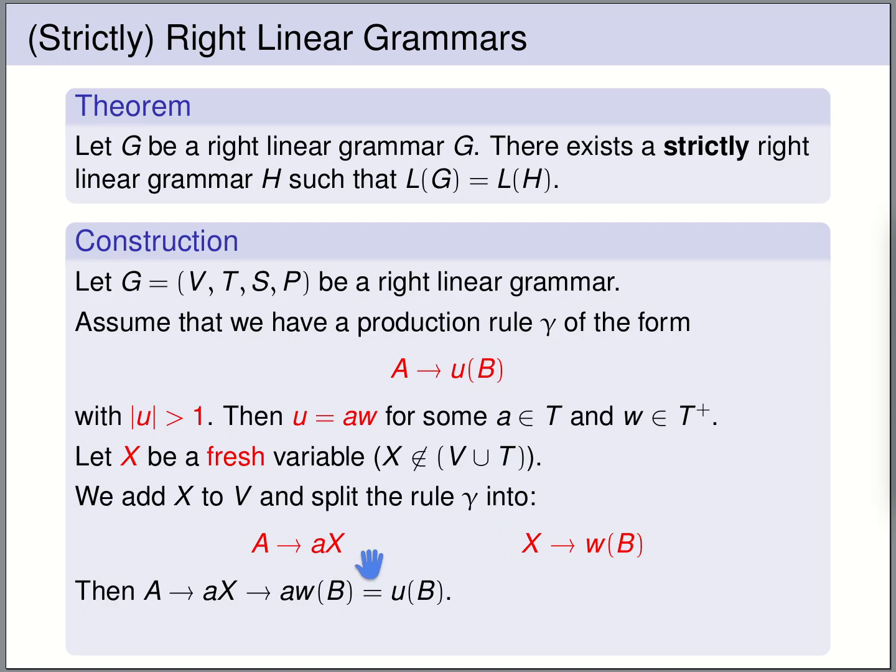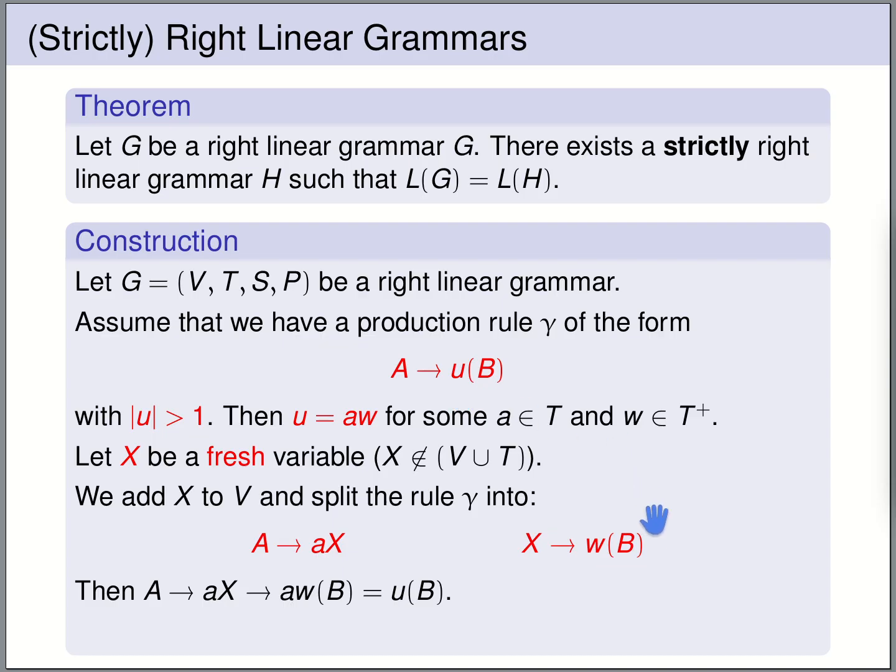So if you combine these two rules, then from A we get aX, and from X we get w possibly with a B, and this gives us exactly, because aw is equal to u, as we have assumed, the original rule. From A we can derive uB. Now it's just derived in two steps instead of a single step as we had before.